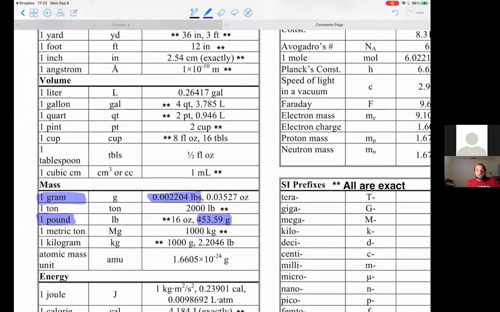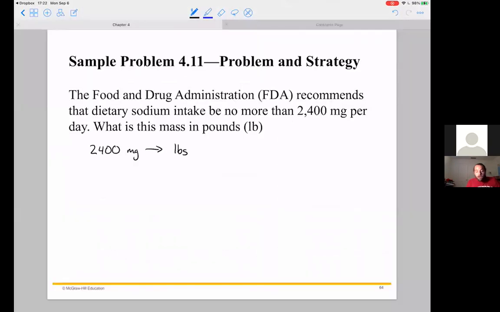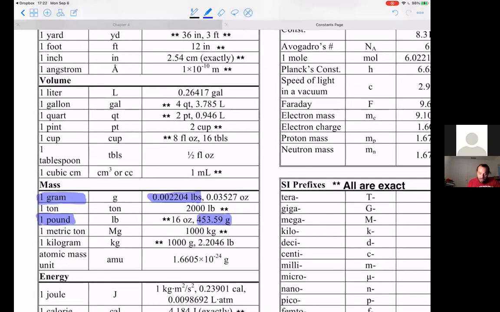So that means I'm going to have to do this in more than one step. We're starting off with milligrams, and finally we want to get to pounds. So I'm going to go from milligrams to grams, and then I can use one of these conversion factors and go from grams to pounds.